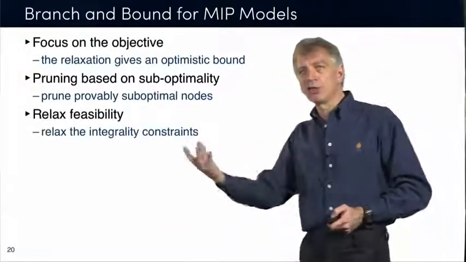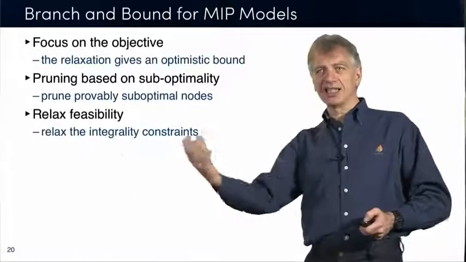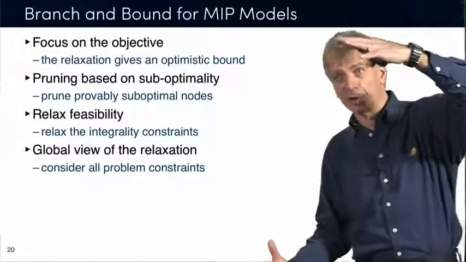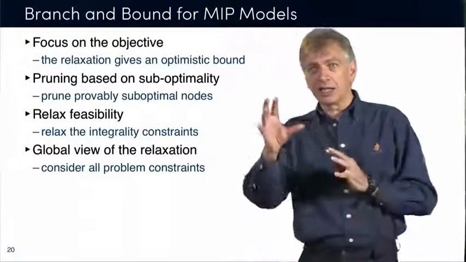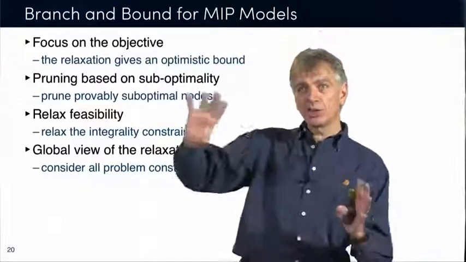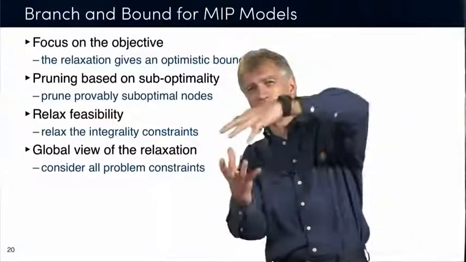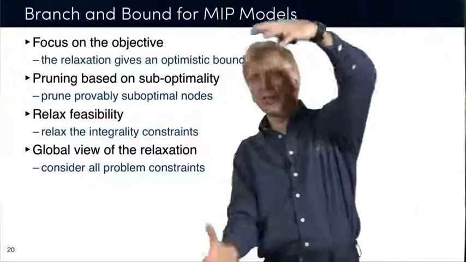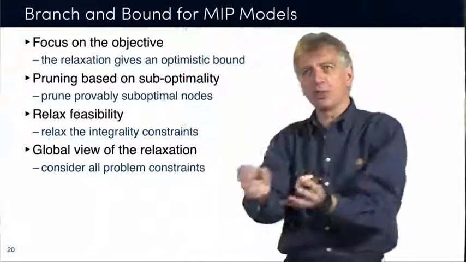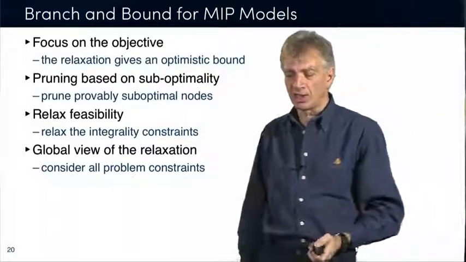And obviously the relaxation has been obtained by relaxing the integrality constraints. And we have a global view of all the constraints. So in constraint programming, all the constraints were acting independently. Here, we relax all the integrality constraints, but when we look at the constraints, we look at them globally. So we have this linear program which looks at the constraints globally, but we have just removed the integrality constraints.